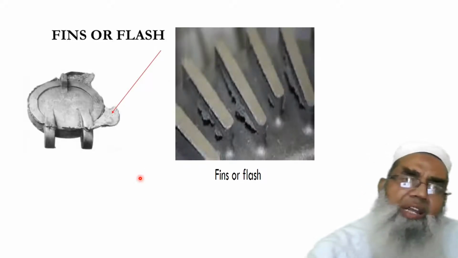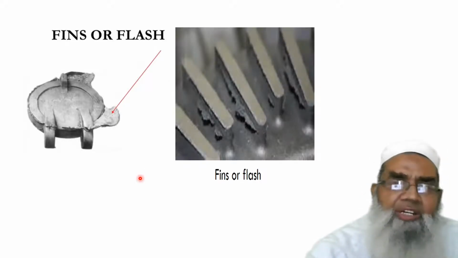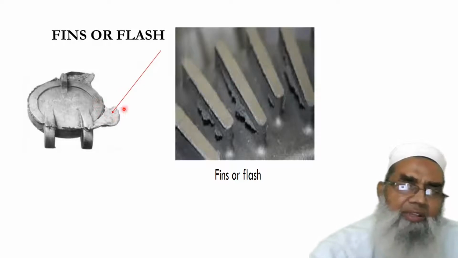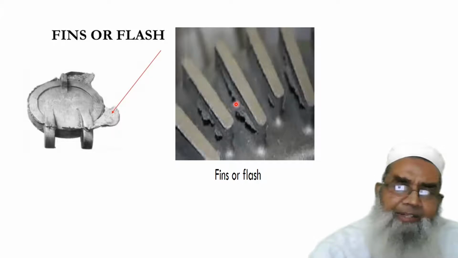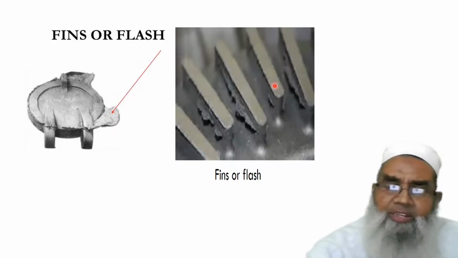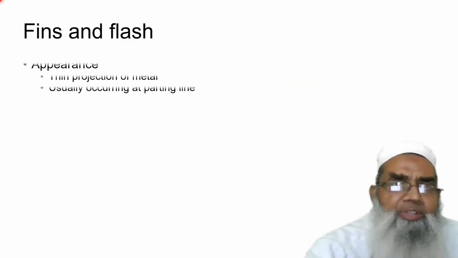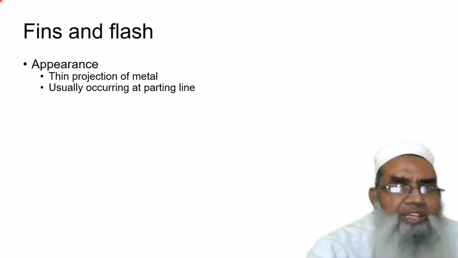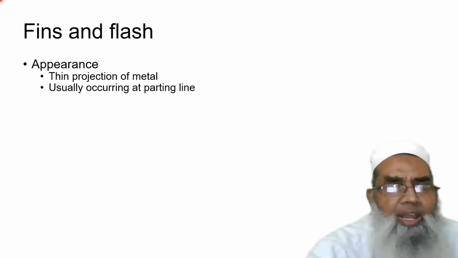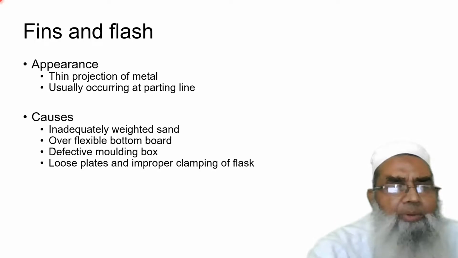Now there are fins or flash. You can see these are the fins, where some molten metal comes out and gets solidified. They appear as a thin projection of metal, usually occurring at the parting line. It may be due to inadequately weighted sand.